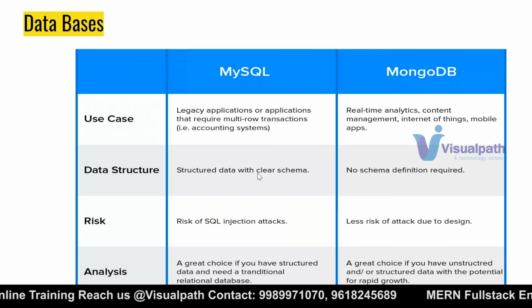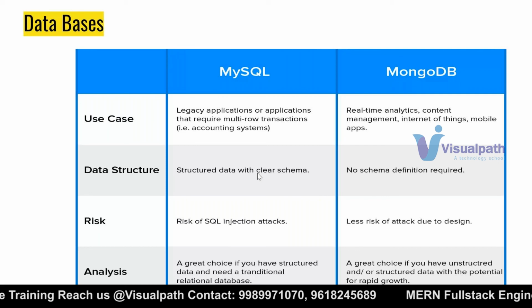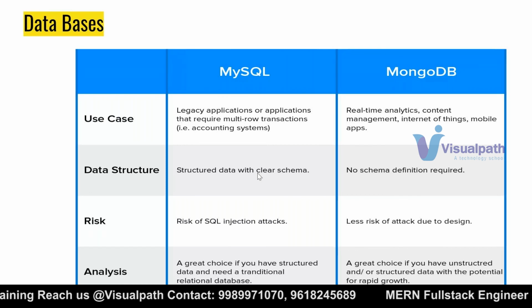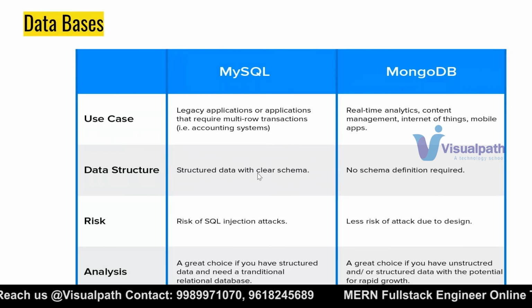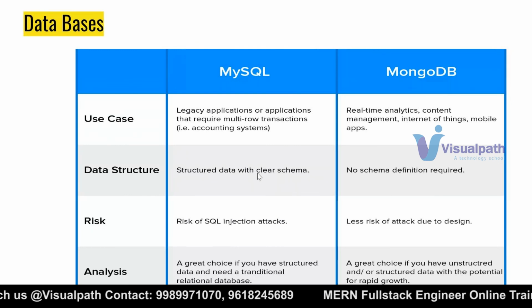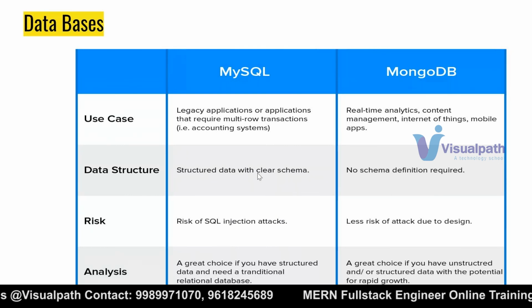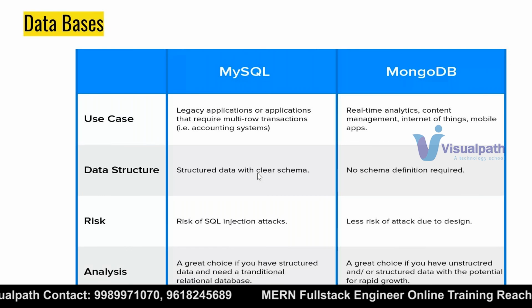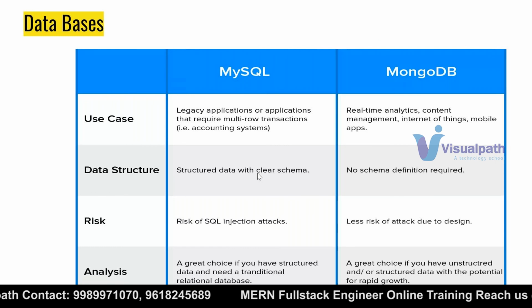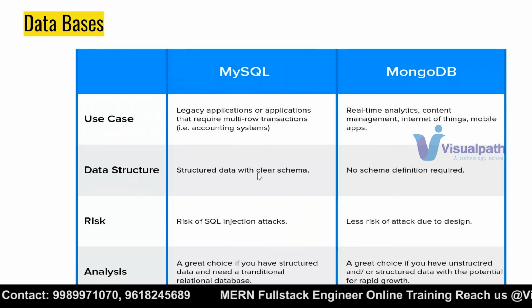Therefore, MongoDB is mainly used for those purposes. In addition, SQL injection attacks are possible in MySQL using SQL. Somebody can insert SQL code through your browser and steal the data. There is less risk because of the design of MongoDB.